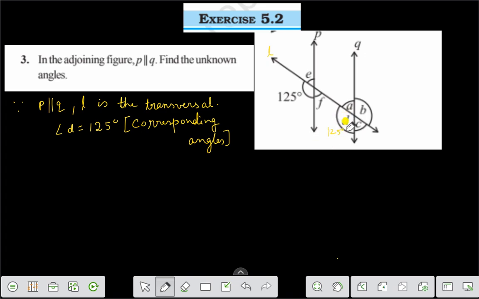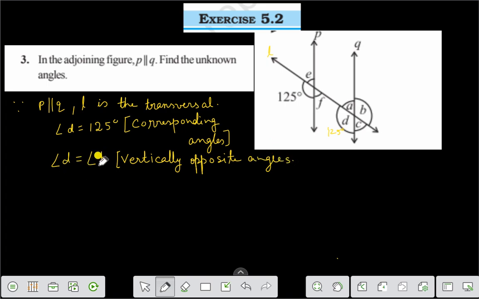Right? And here you see angle D is equal to angle B, because these are vertically opposite angles.